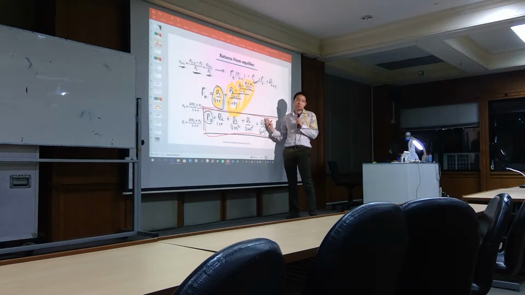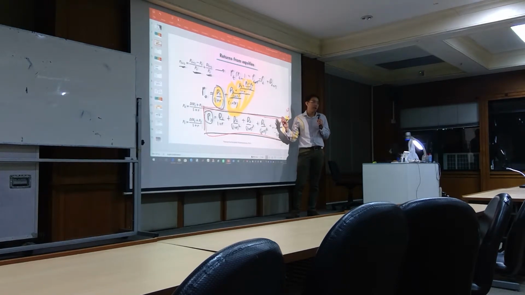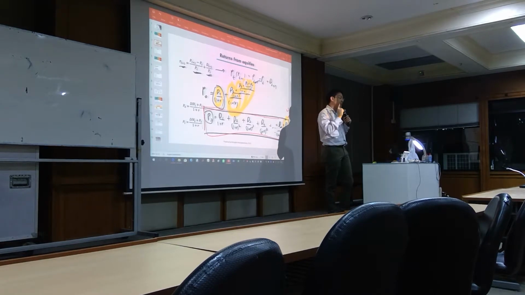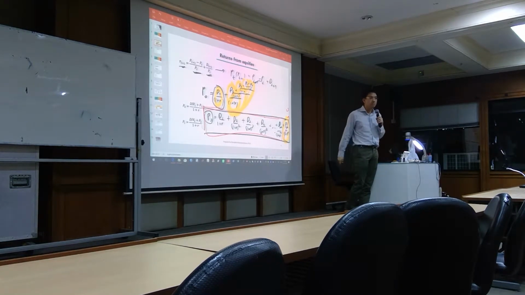But anyway, this model reminds investors about one main point: before you buy stock, you need to think about dividend. You buy stock because you think you are going to receive dividends, because dividend is the only thing you can receive from holding the stock.